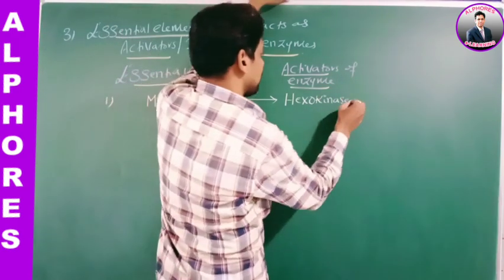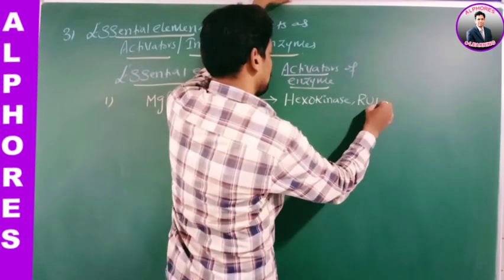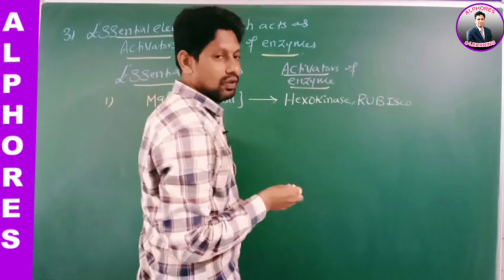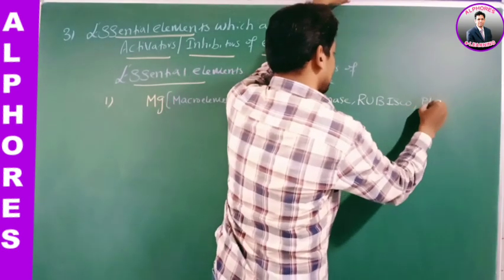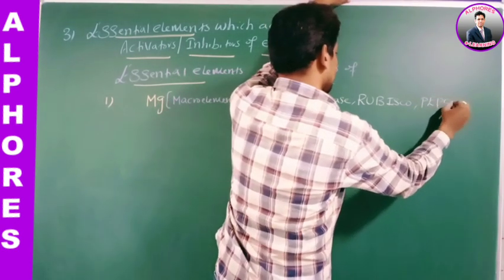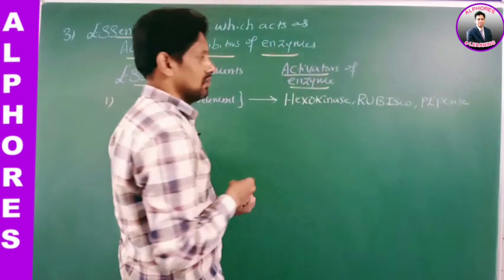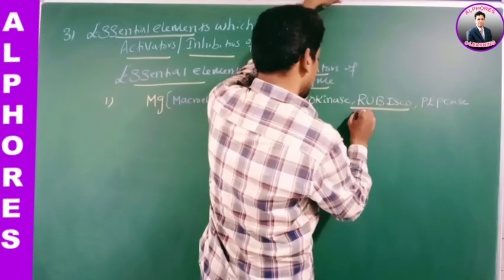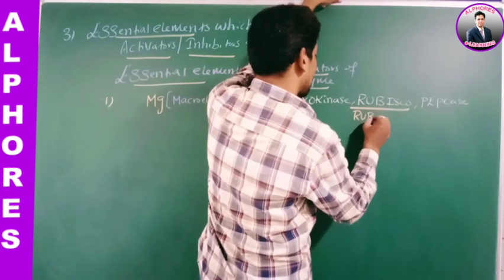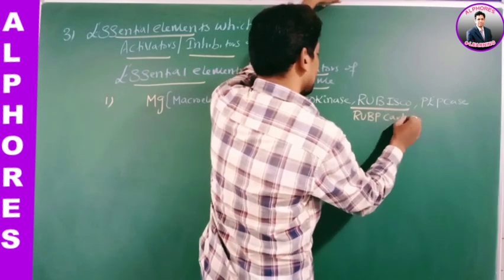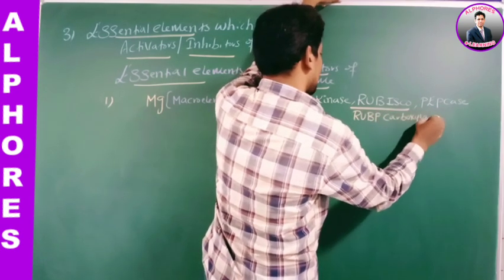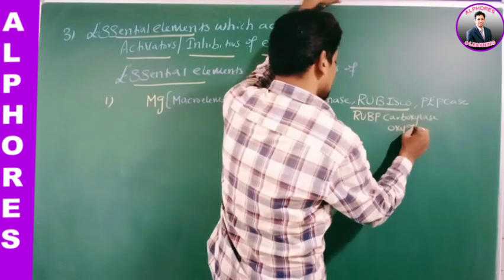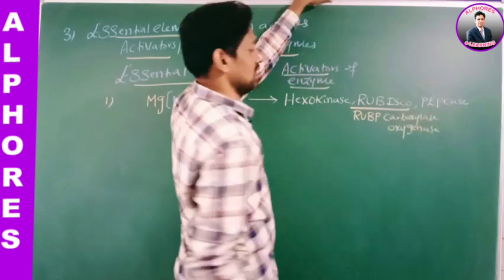Next one is Rubisco. And next one is PEPcase, P-E-P-C-A-S-E. Okay. Right. What is another name of Rubisco? Rubisco is also called RuBP carboxylase oxygenase. Right.